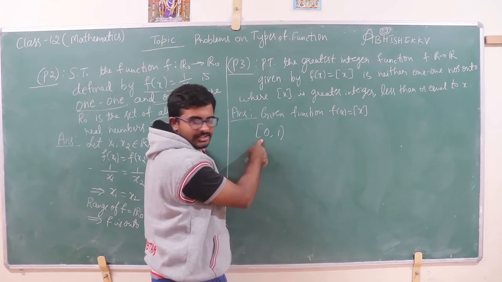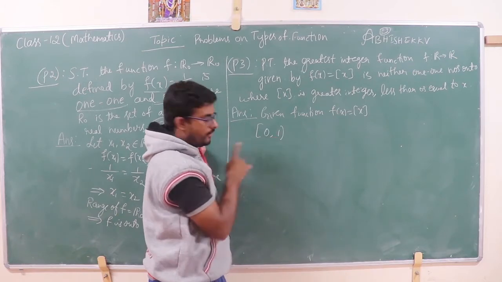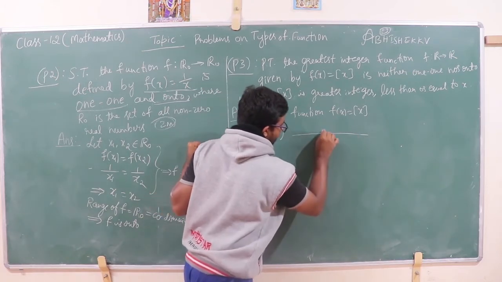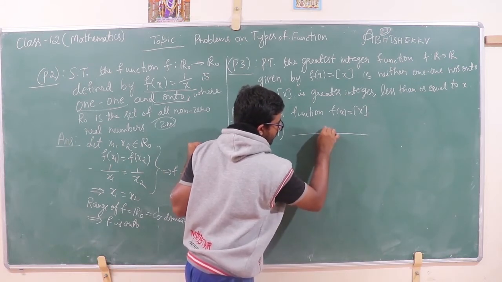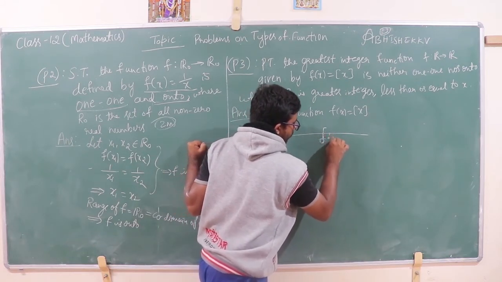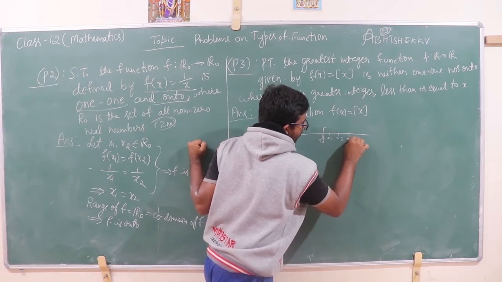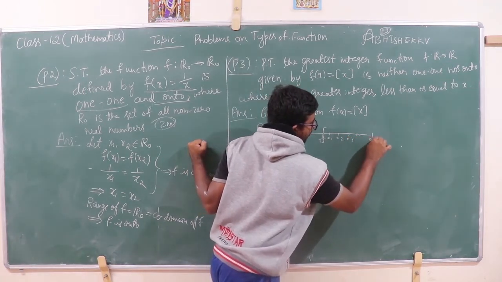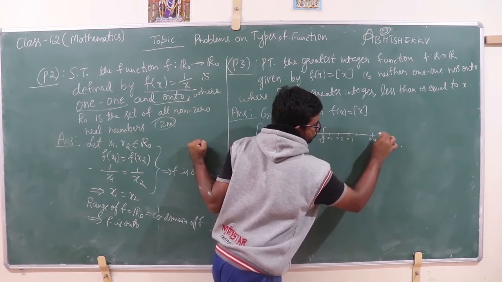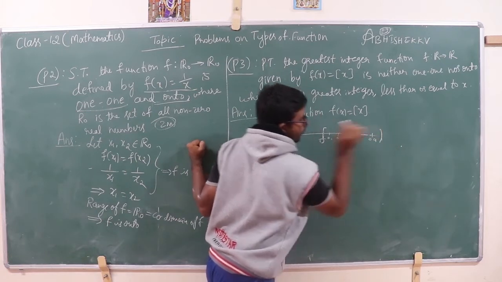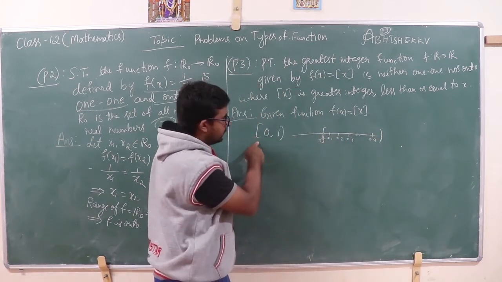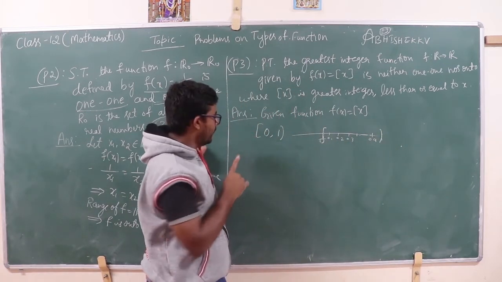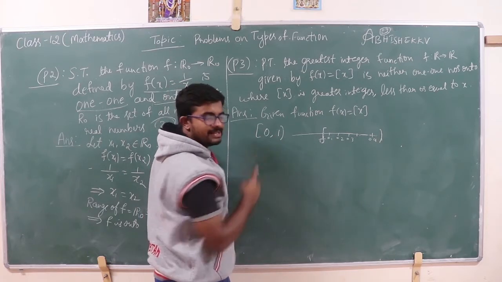It contains 0 but it does not contain 1. On this number line, this is 0, 0.1, 0.2, up to 0.9. This is 1, an open bracket. This interval does not contain 1. This is a half-open interval, and this is an open interval.